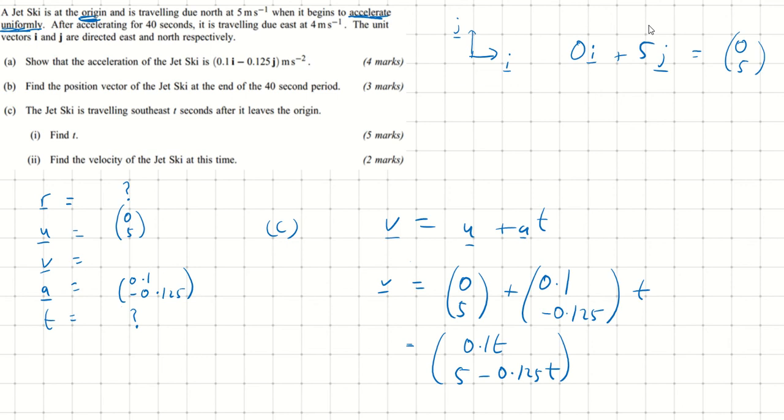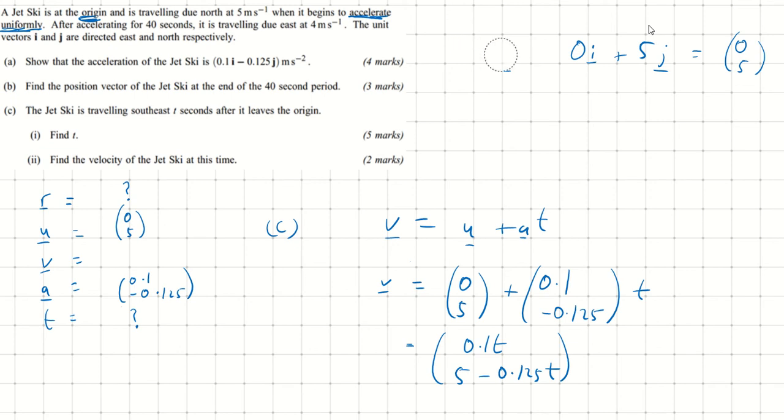The question says that at time t, the jet ski is travelling southeast. Well, that means that the i component, the easterly component, is the negative of the j component. Let's think about that.